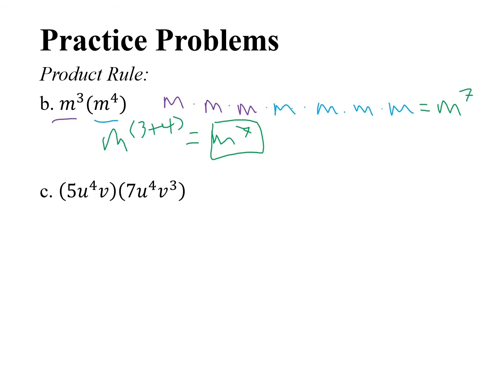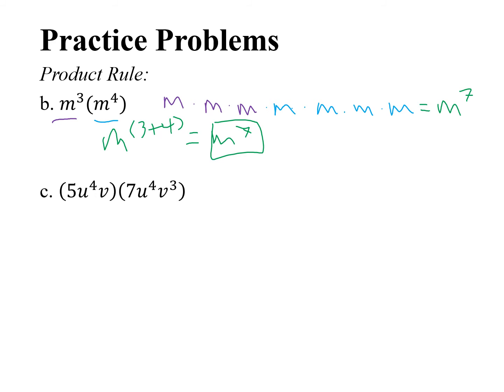Well, this next one makes it a little bit more complicated, but it's still the same basic idea. When I see those parentheses there, I don't have anything to distribute because I have monomials. What I really have is just a whole bunch of things multiplied by each other. So what I'm going to do is I'm just going to shuffle around. I know from my commutative rule of multiplication that I can rewrite my multiplication here. I have 5 u to the 4th v, 7 u to the 4th v to the 3rd.